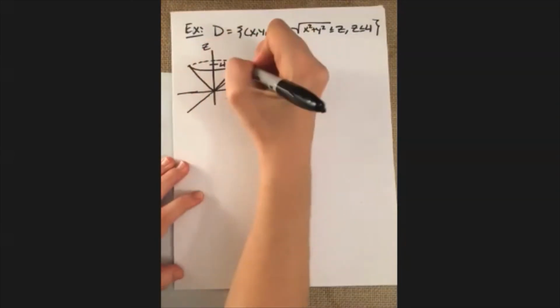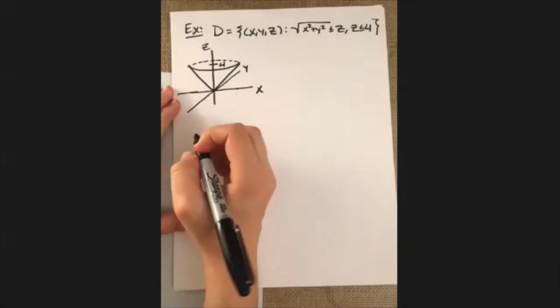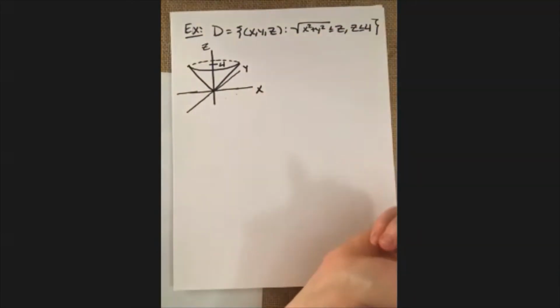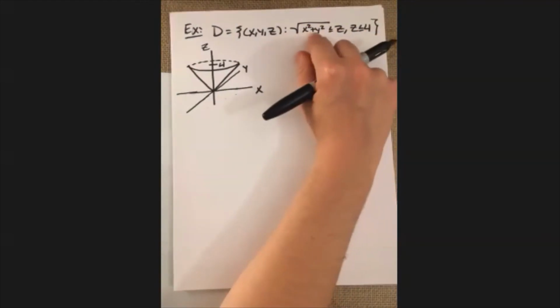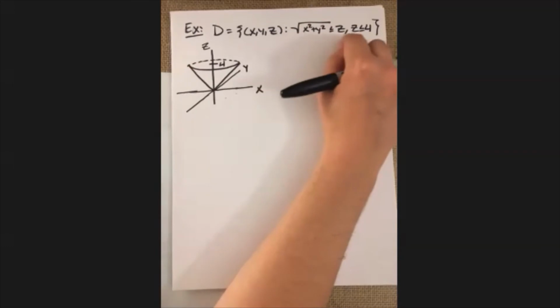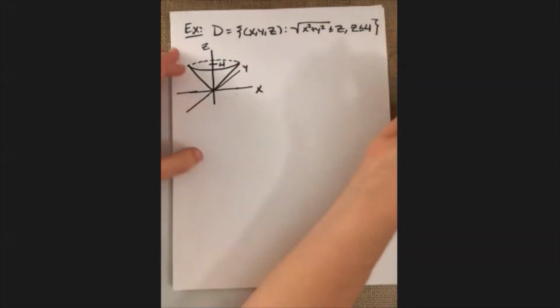And again, this is the z-axis, y-axis, and x-axis. Now, in this particular case, it's quite possible to just do this with cylindrical coordinates. I think that's really all we're going to do, because we have a notion of a radius that we could fill in pretty easily, and we just have z. So let's go ahead and use cylindrical coordinates.